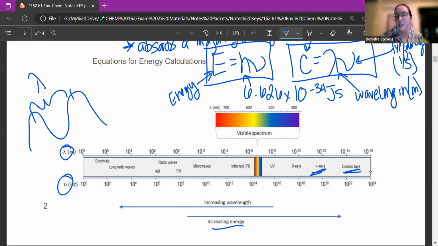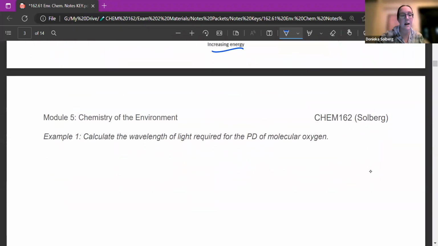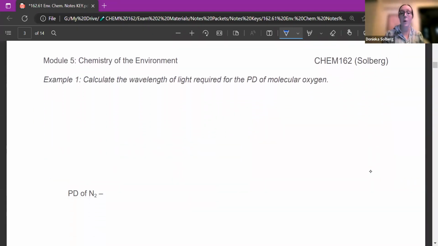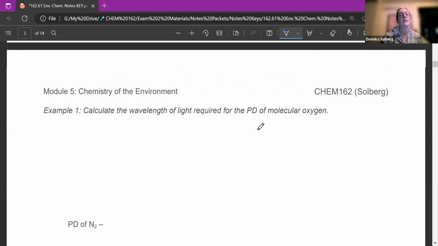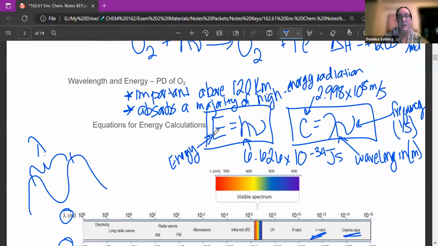Okay, so we're going to do some calculations with these. I want to calculate the wavelength of light required for the photodissociation of molecular oxygen. I told you before how much energy was required to dissociate a mole of oxygen, and I want to know the wavelength of light required. Now, I am going to make one note about these two equations here.